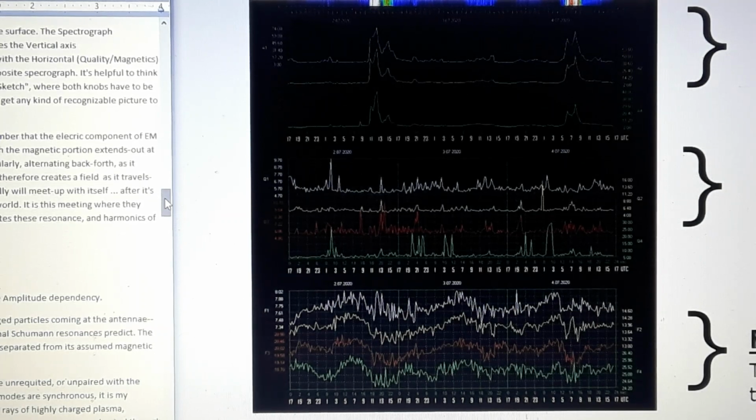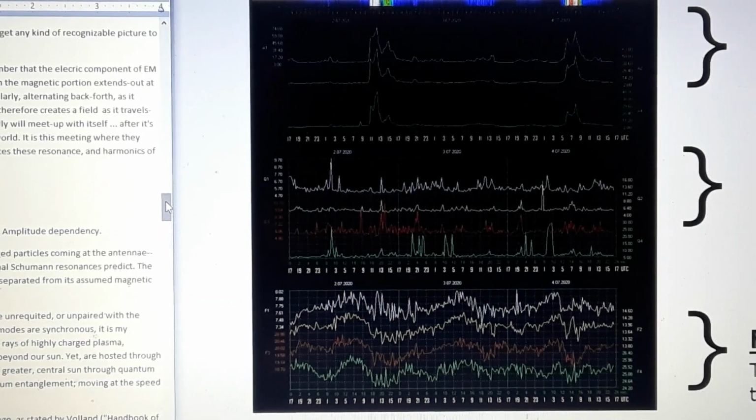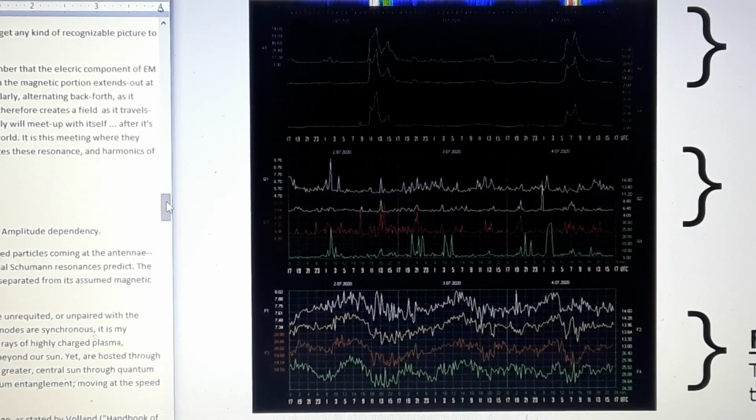It's important to remember that the electric component of EMF, electromagnetic frequency, moves vertically, while the magnetic portion extends out 90 degrees perpendicularly, alternating back and forth as it travels or propagates. It therefore creates a field as it travels along, which eventually will meet up with itself.